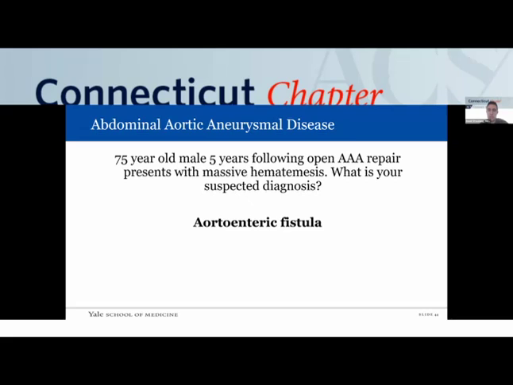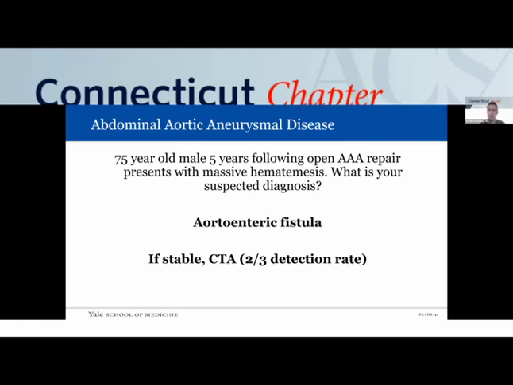This is an incredibly dangerous diagnosis. If stable, I would send them for a CTA, and that way you can identify the anatomy. You could see if there's air within the aneurysm sac. That's pathognomonic for an aortoenteric fistula, especially if they haven't had any recent manipulation.